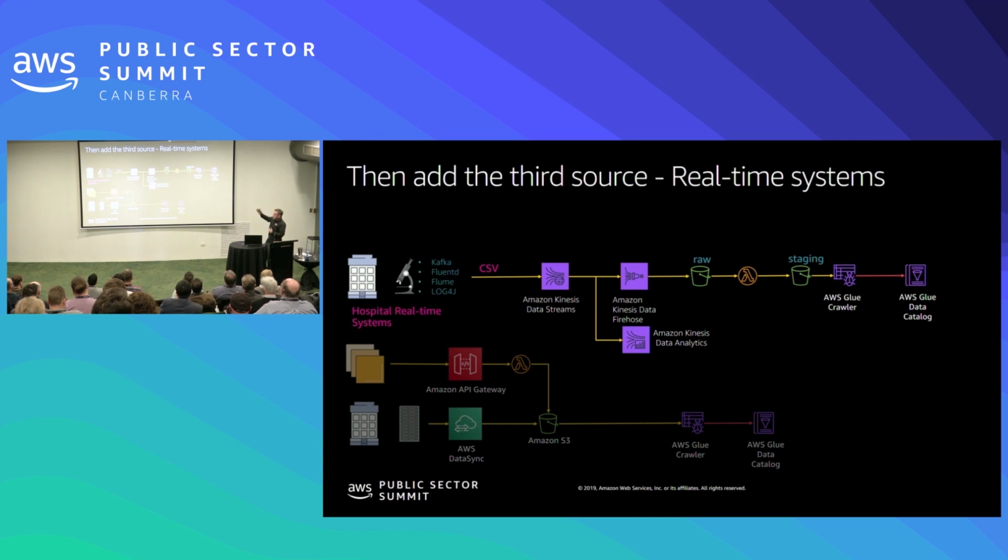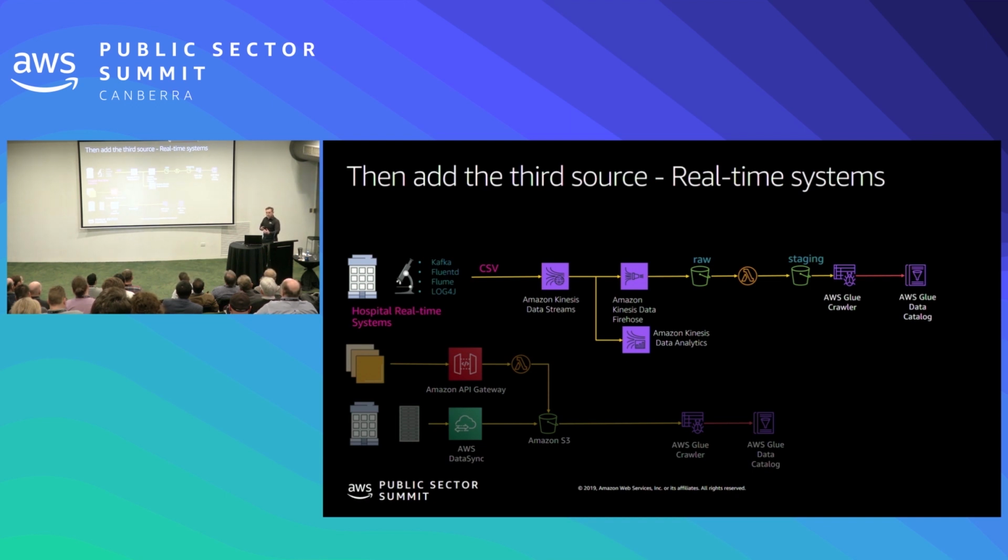The systems are probably built using tools like Kafka, Log4j, Flume, FluentD, a whole lot of open source and commercial products. And we're going to feed that CSV data into Kinesis Data Streams. That's a sharded model that's able to sustain very large volumes of data.